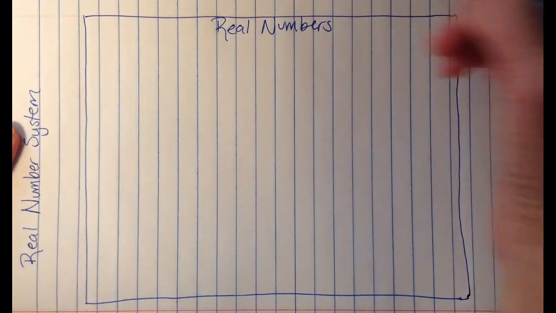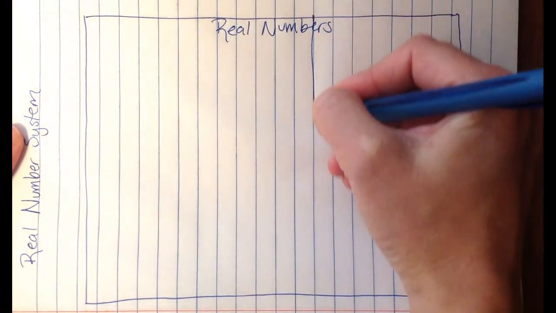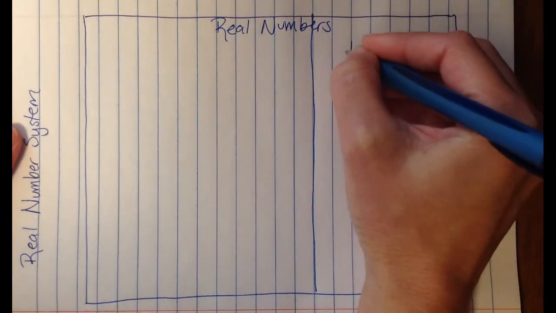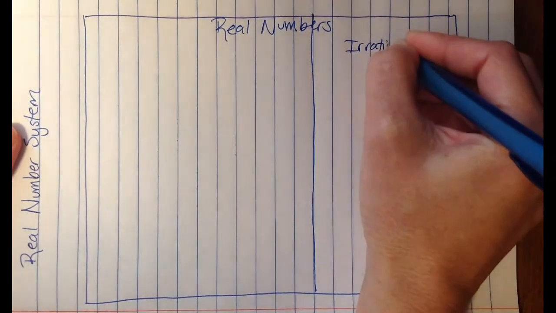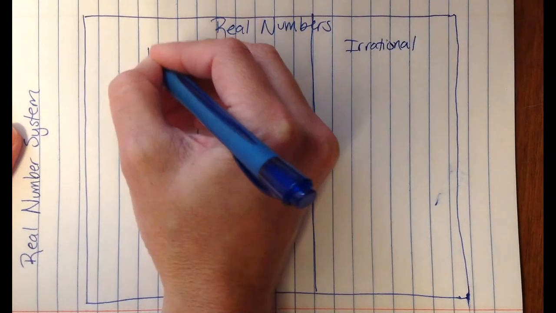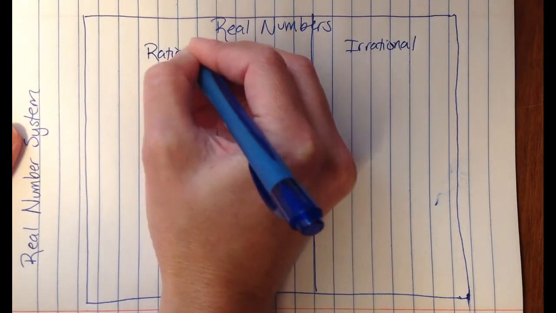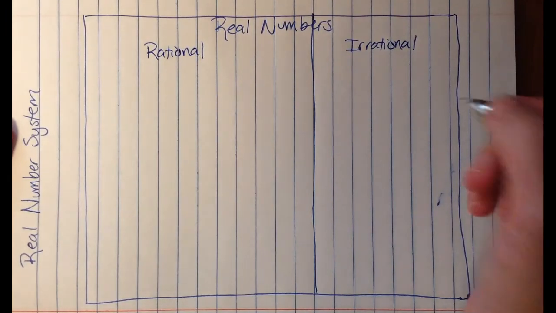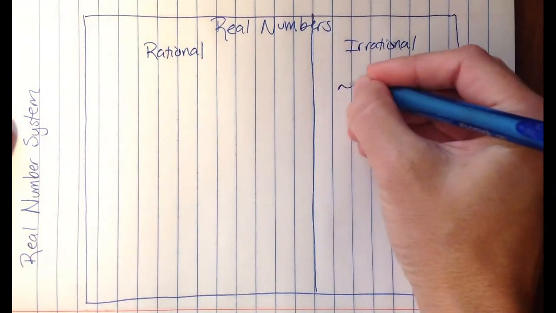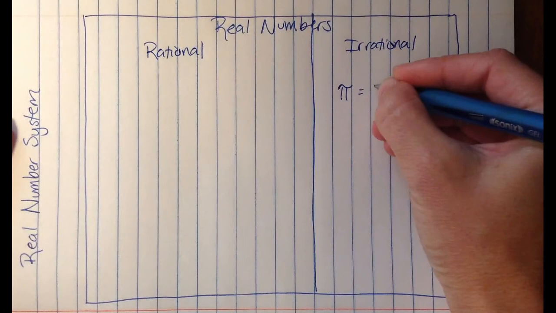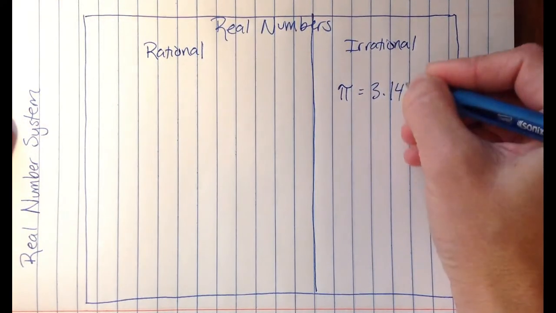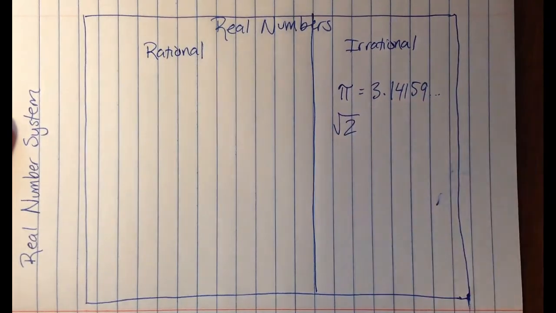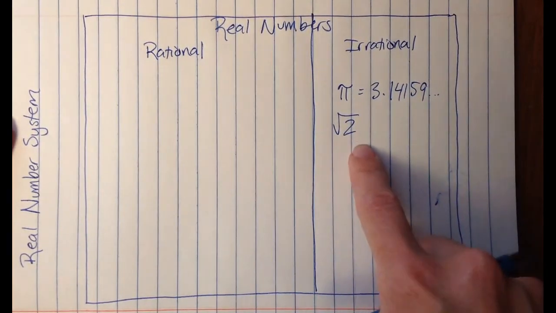And then I'm going to split that, all the real numbers, into the irrational and the rational. And remember, irrational, we'll just write a couple of examples. Remember, the irrational numbers were numbers like pi, 3.14159, etc. And numbers like the square root of 2, and really any square root that's not a perfect square.